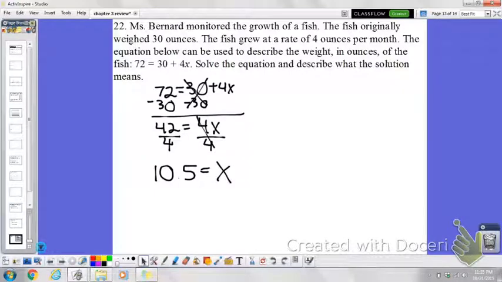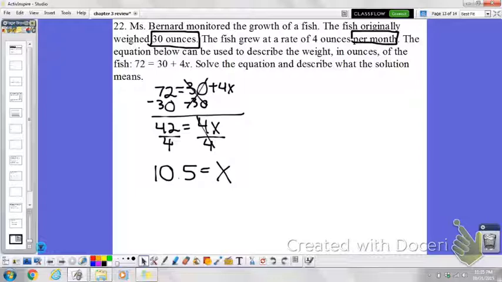Now we need to describe what that means. If we look at our problem, we know that the fish originally weighed 30 ounces, which is right here. And it grew 4 ounces per month. The only thing the problem doesn't tell us is how many months this fish was growing. So we have x is equal to 10.5.